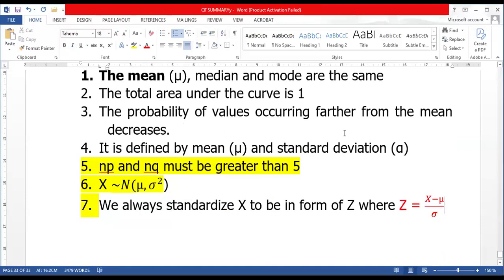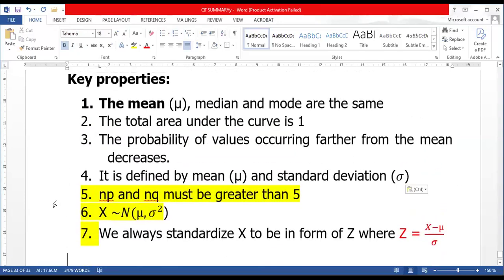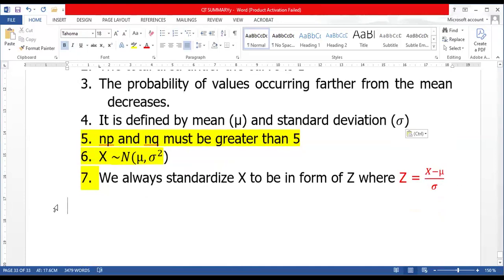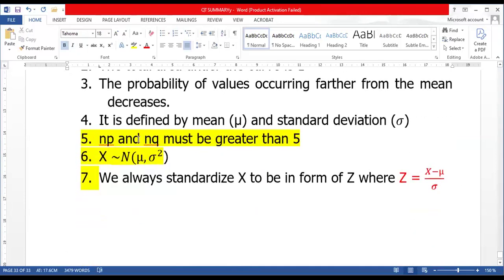Okay, I believe these are good points to recall, and there is nothing hard here. These ones are not hard. Now going to the computations, how can we apply the normal distribution probability to answer our questions?